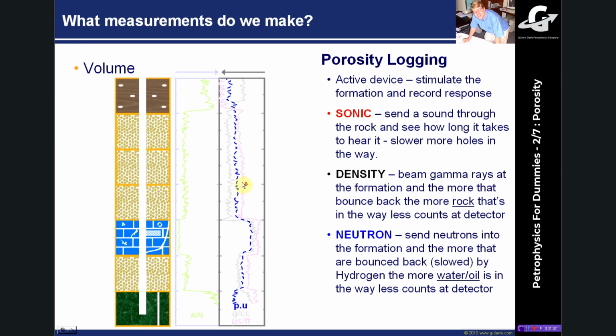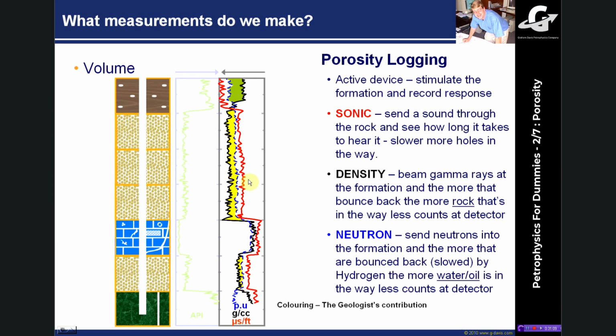So when we plot these things up on the suitable scales, we can get our friendly geologist to come along, and we scale them in this part of the world such that we have a few porosity units worth of separation between the density porosity and the neutron porosity, because that gives our geologists something to do and colour those in quite nicely.